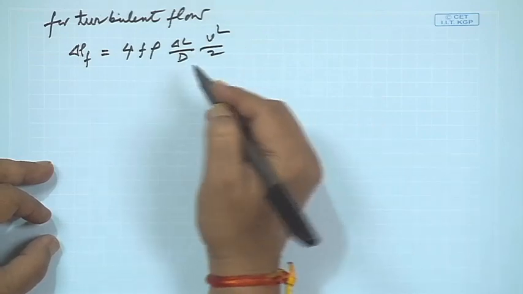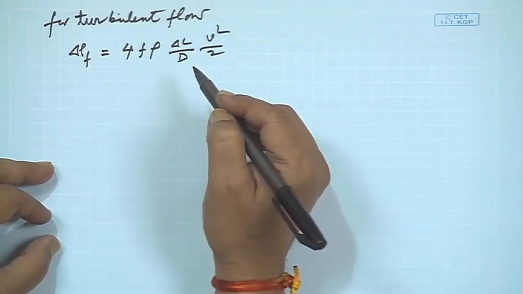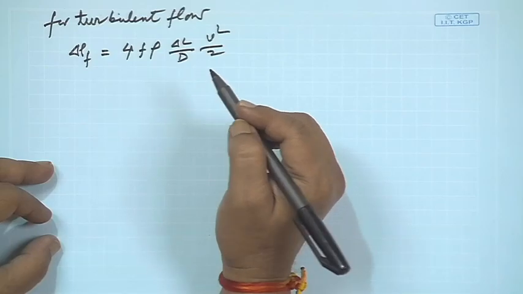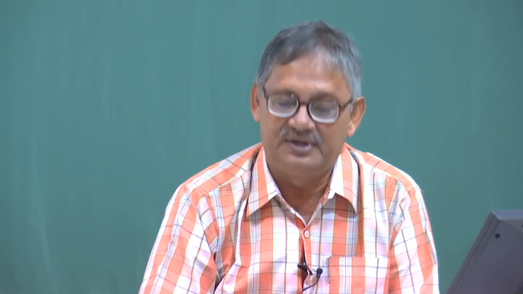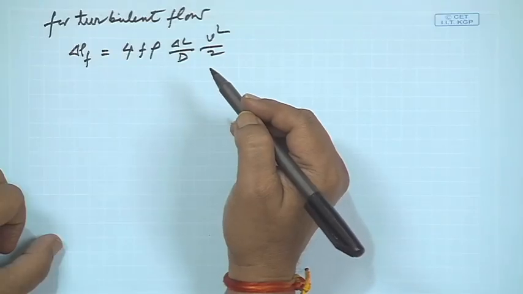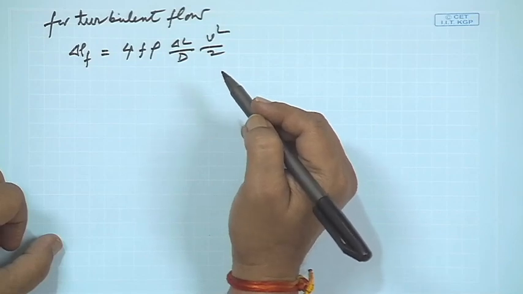This we know for turbulent flow. With the Fanning friction factor, we had deduced that delta Pf is 4 f rho delta L by d into v square by 2, right. This we have established long back.